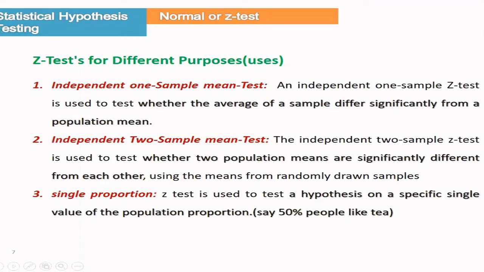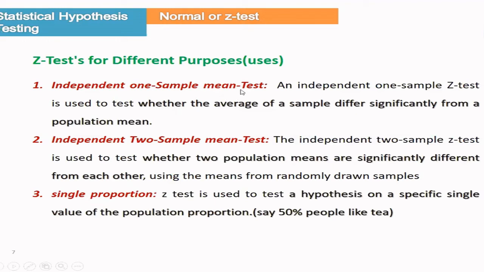So we can use the Z test for different purposes in different areas. One is the independent one sample mean test. The test is mainly used to compare the mean, where some mean value will be given. We can test whether it is right or wrong, whether it takes the same value. This is called the independent one sample mean test.